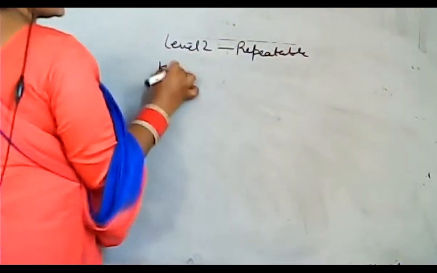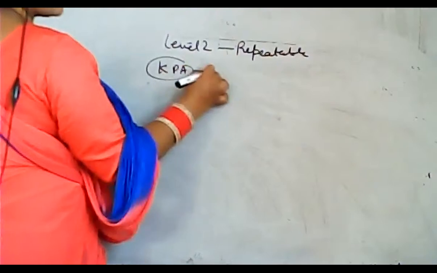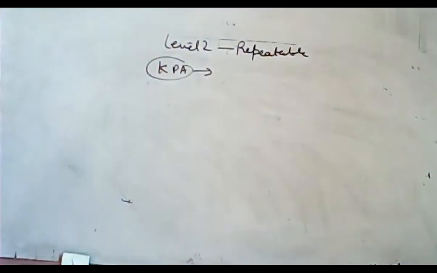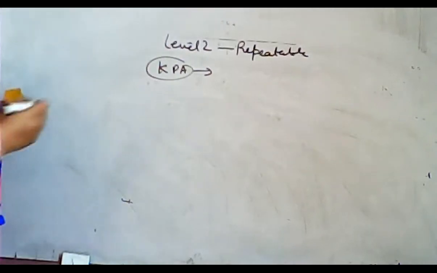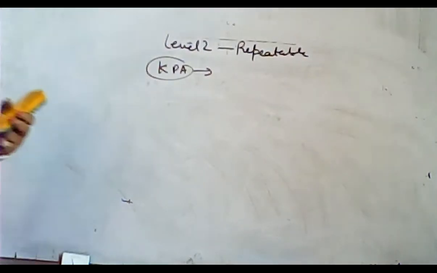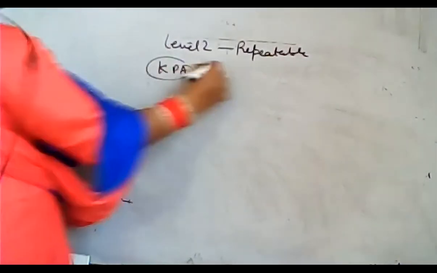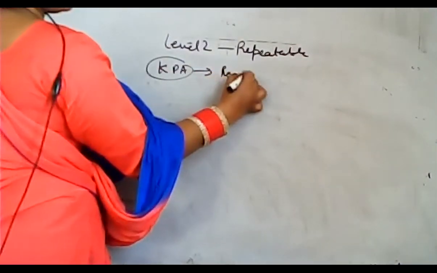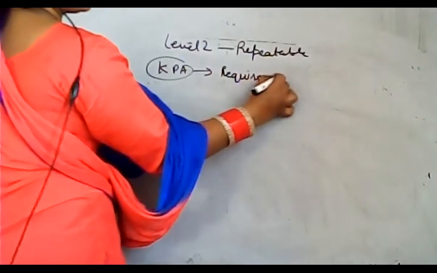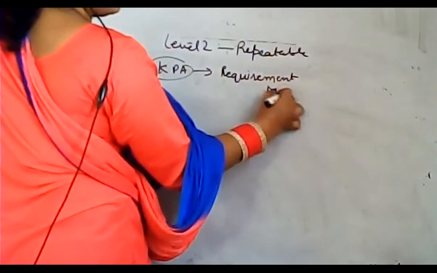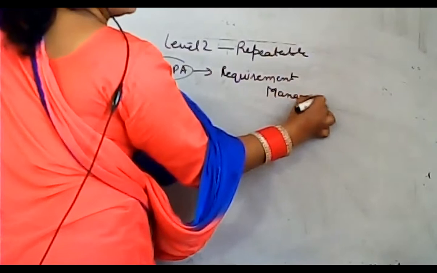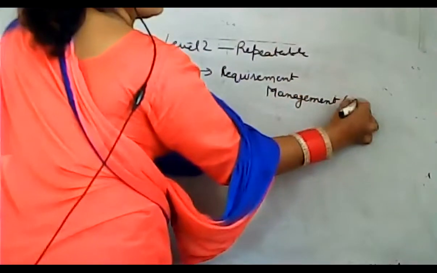It has key process areas. Which ones? These are related to software project management. Software project management is the characteristic, and the key process areas will be requirements management, that is RM.